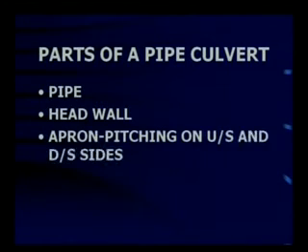The next part is an apron. Apron is nothing but a thick blanket of stones provided both on the upstream side as well as on the downstream side. This is also called pitching. So why do we provide an apron? An apron is provided to safeguard the earth there, both on the upstream and downstream sides, from erosion.